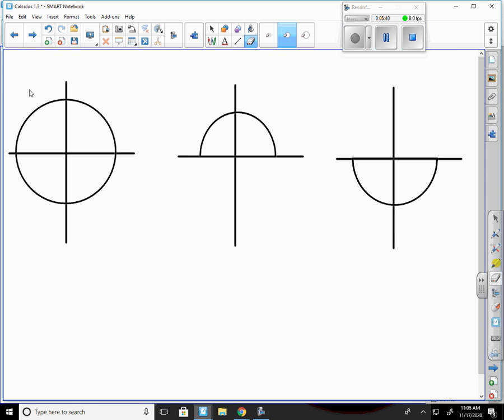All right. If you do the vertical line test on these three, which ones would pass? So first, what's a vertical line look like? Like this? Right, straight up and down.